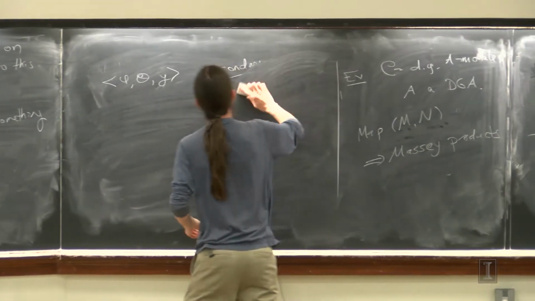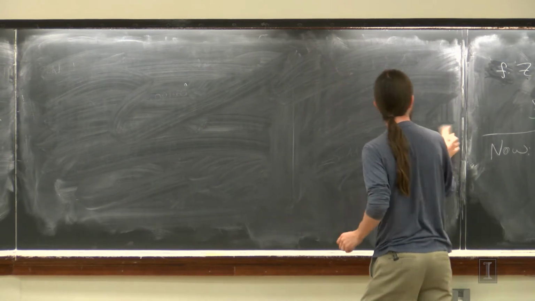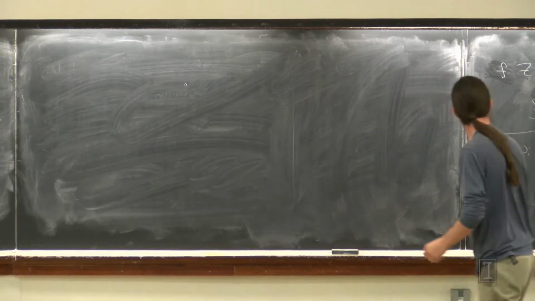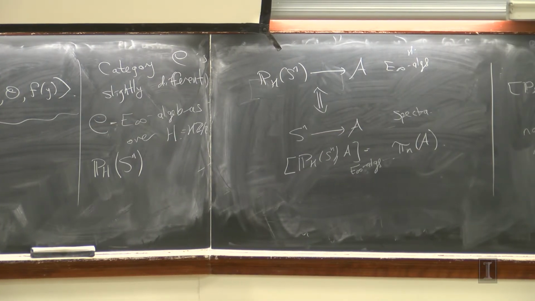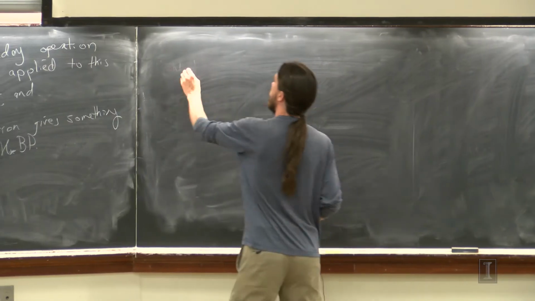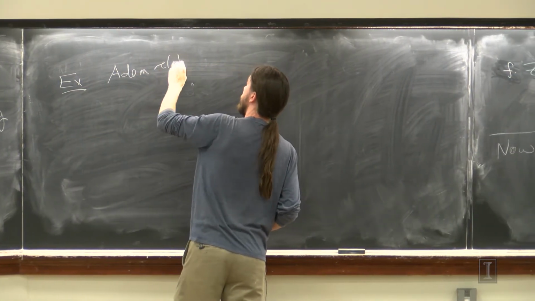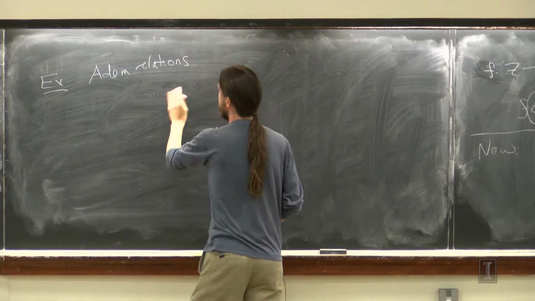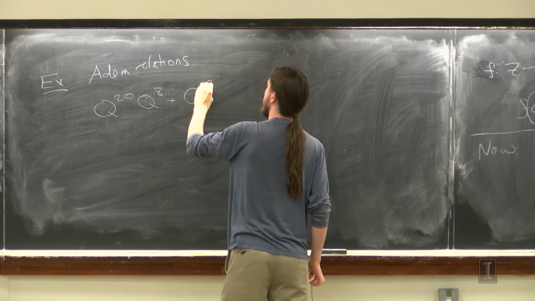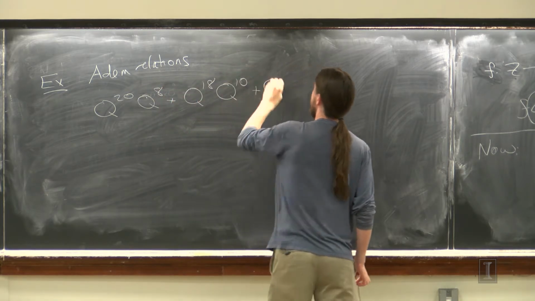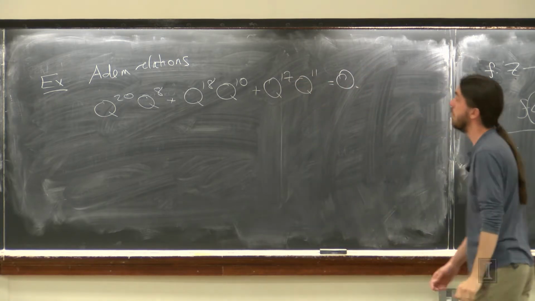So for example, one of the canonical examples of relations that happen between these Dyer-Lashof operations, QS, are the Adem relations. So as an example, here's an example Adem relation: Q20 Q8 plus Q18 Q10 plus Q17 Q11 is equal to 0.